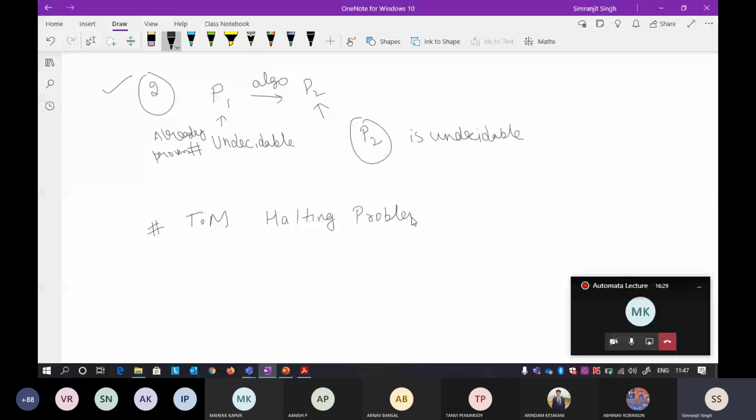If a particular machine halts and says yes or no, then the problem becomes recursive. If it can either halt and say yes, or say no, or fall into an infinite loop, then we say this is a recursive enumerable language.